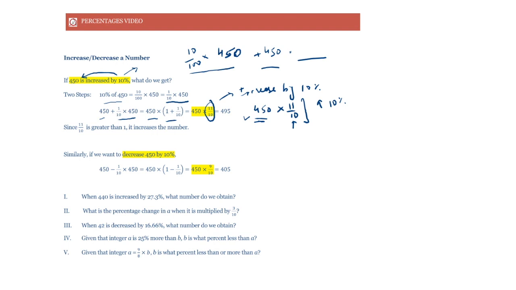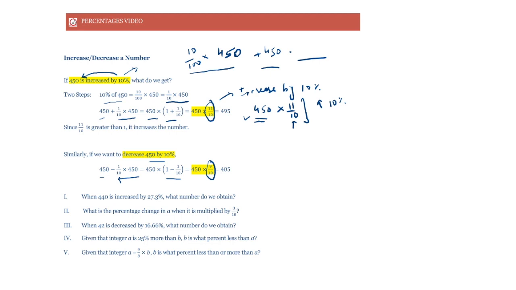Now, similarly, we can also decrease a number by 10%. When we decrease 450 by 10%, how are we going to do that? The base is again going to be 450. So we'll say 450 minus 1 by 10 of 450, because 10% is 1 by 10, which gives us 450 multiplied by 1 minus 1 by 10, which is nothing but multiplied by 9 by 10.